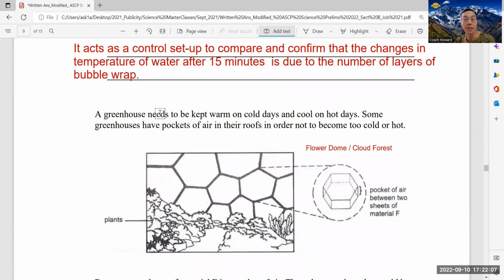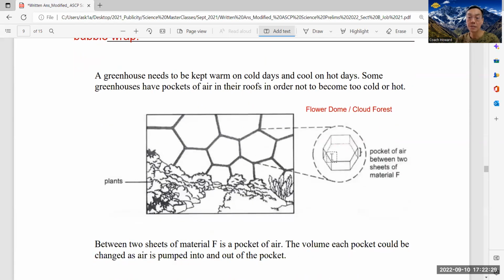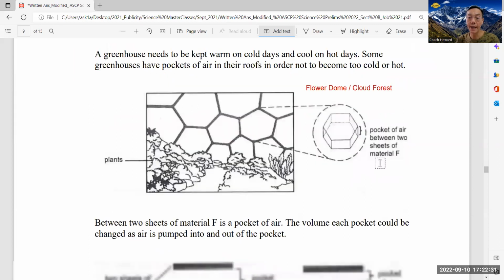Okay, next, a greenhouse needs to be kept warm on cold days and cool on hot days. Some greenhouses have pockets of air in their roof in order not to become too hot or too cold. So actually I give you one example here. If you visit the Gardens by the Bay Flower Dome or Cloud Forest, if you examine, some parts of it, they have this window trapping pockets of air.